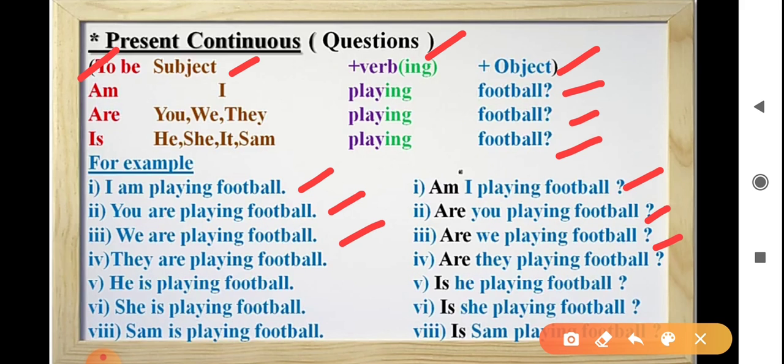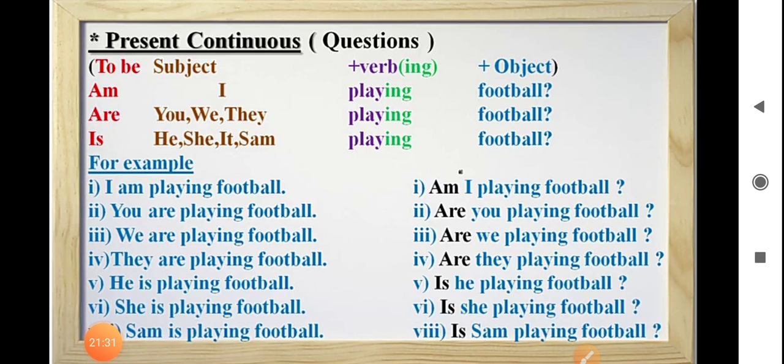Are we playing football? They are playing football. Are they playing football? He is playing football. Is he playing football? She is playing football. Is she playing football? Sam is playing football. Is Sam playing football? And on all interrogative sentences, we use a question mark at the end.